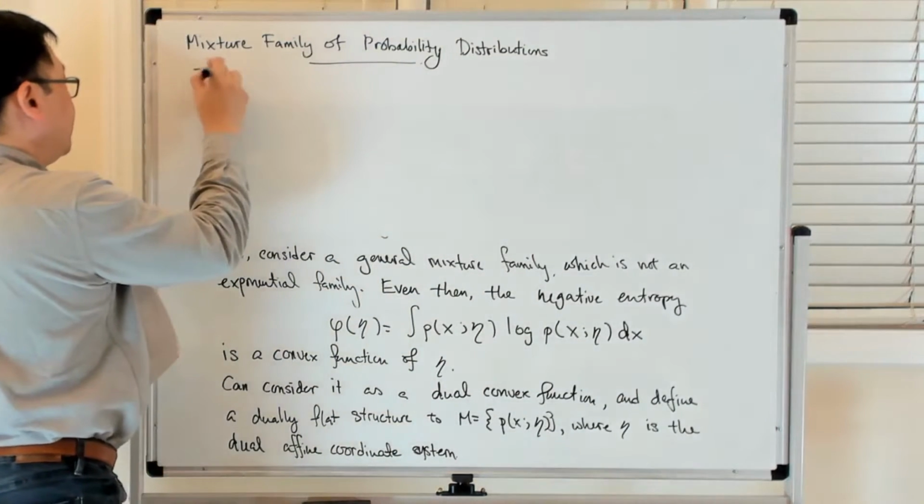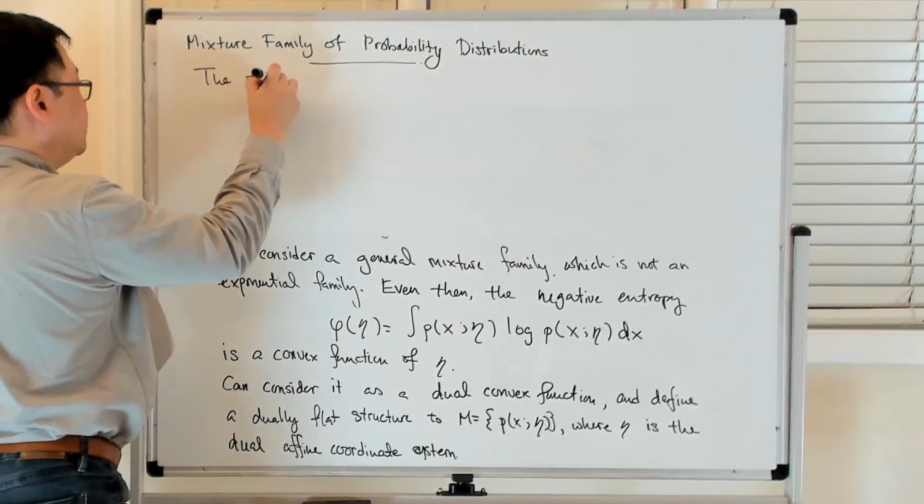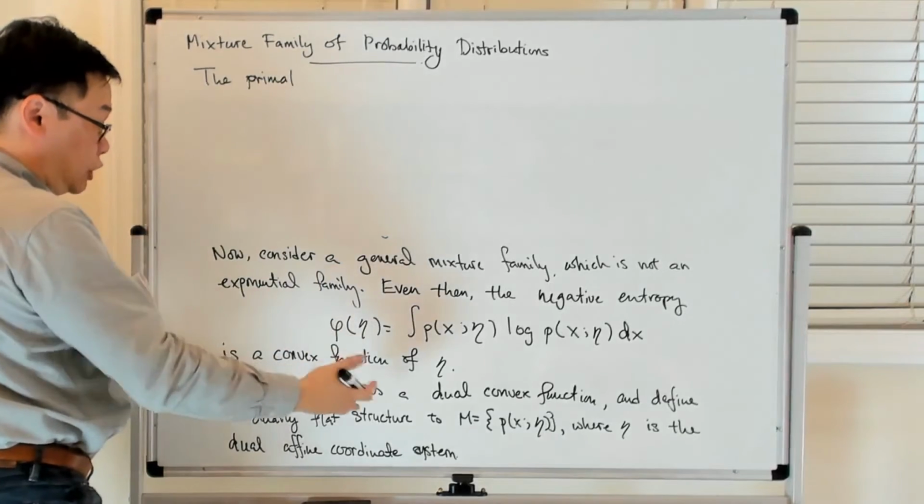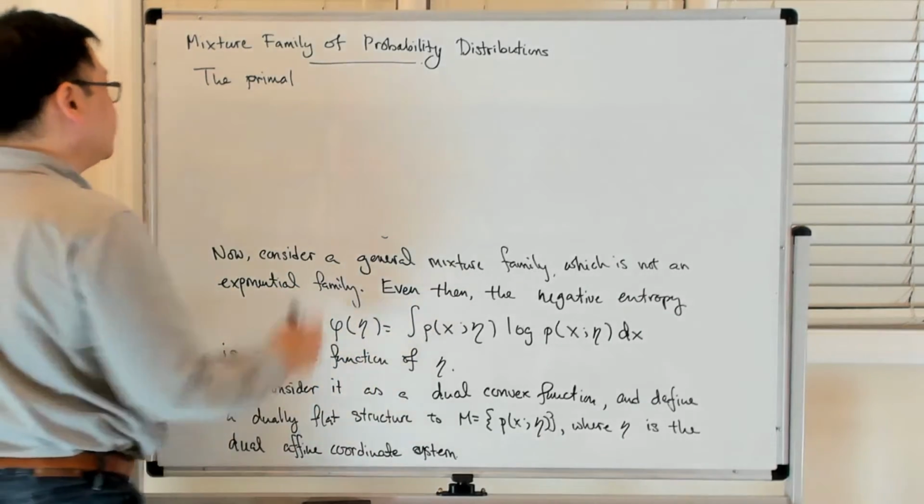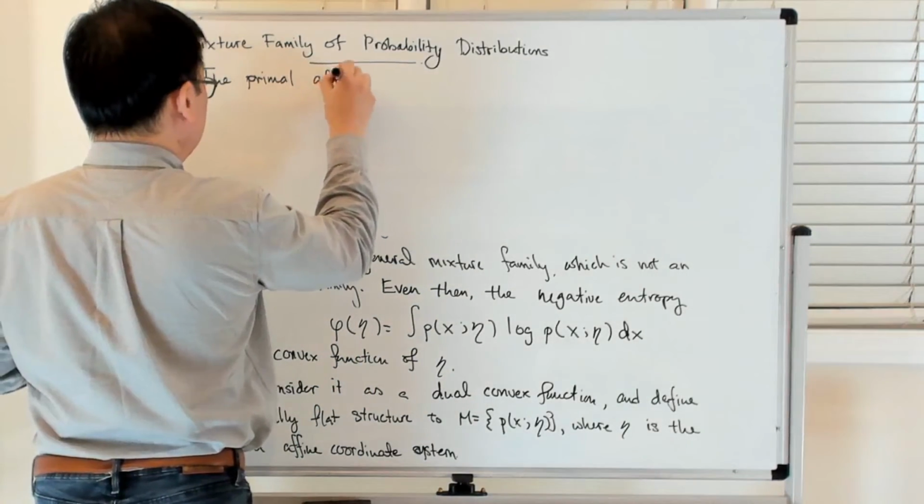So the primal affine coordinates are obtained by Legendre transform with respect to this convex function.